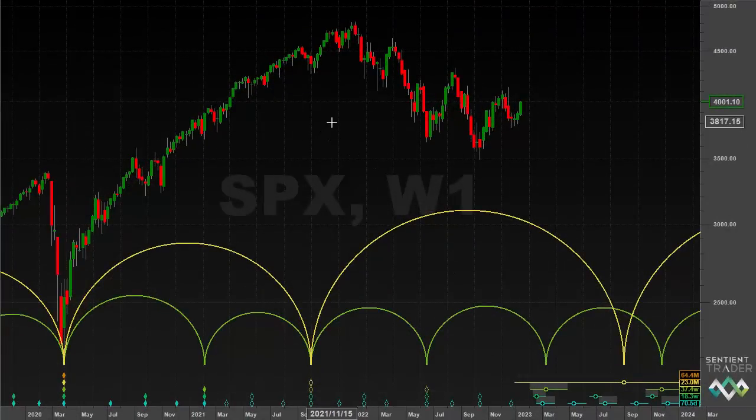So let's take a look at the S&P 500, and we're going to start again with a bit of a bigger picture because it's been a few weeks since we last took a look at this analysis. First of all, this is the preferred analysis that we have been tracking for many months now.